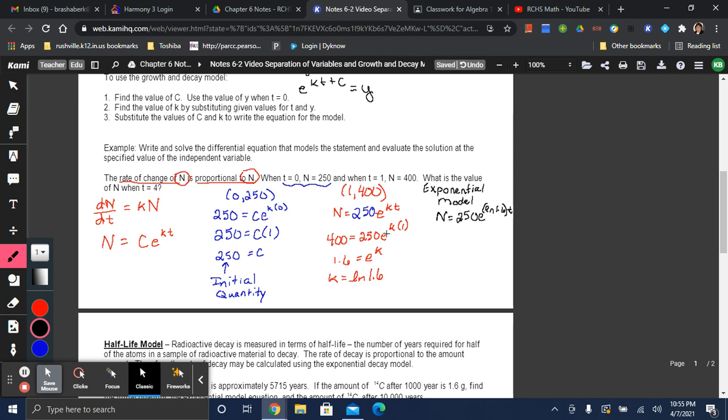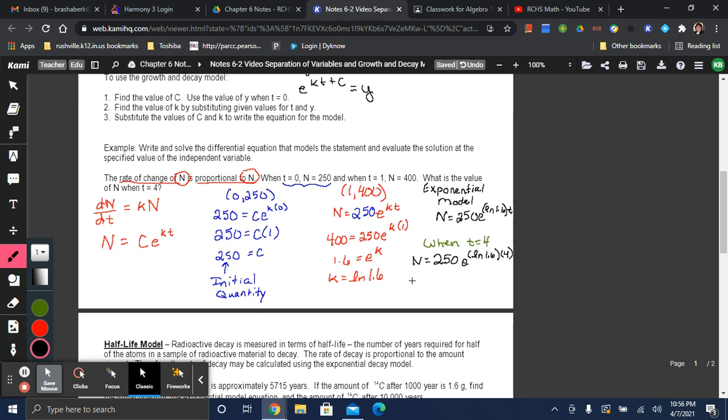And then using that, I finally have this last question. When t equals 4, so when the time is 4, I can substitute. So I'd have n equals 250 e to the exponent natural log of 1.6 times my time of 4.